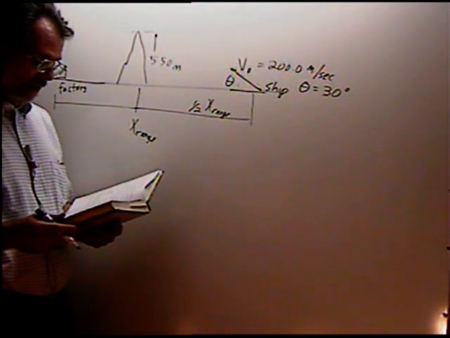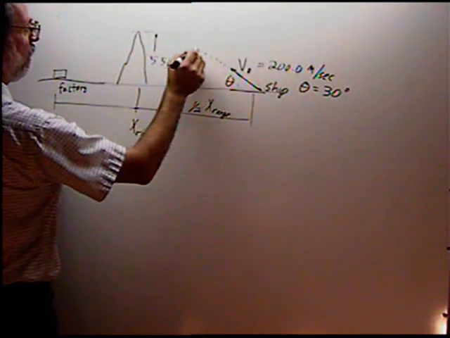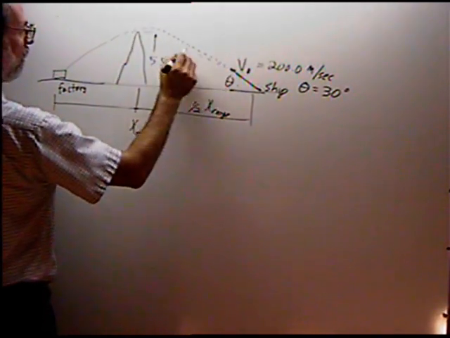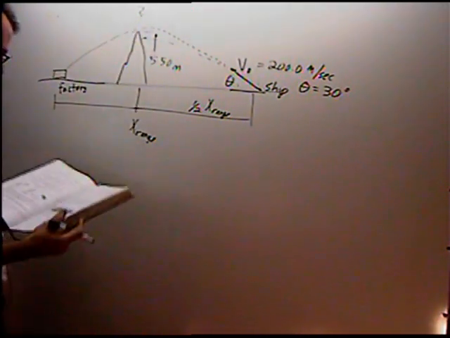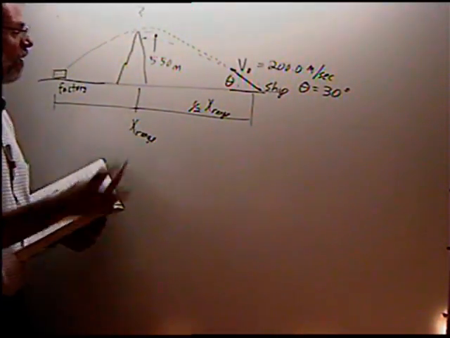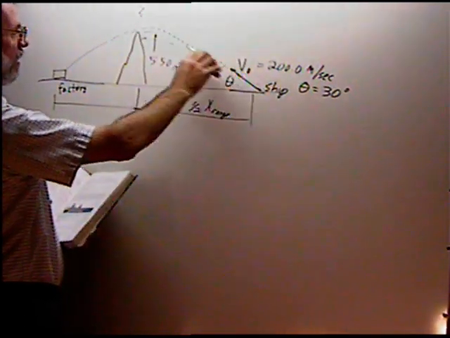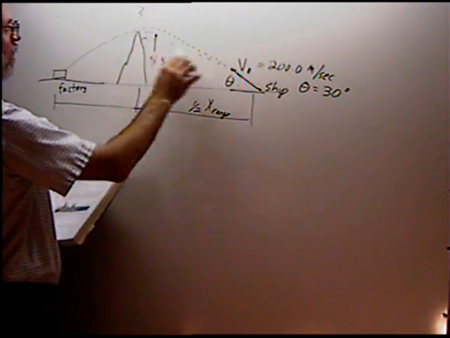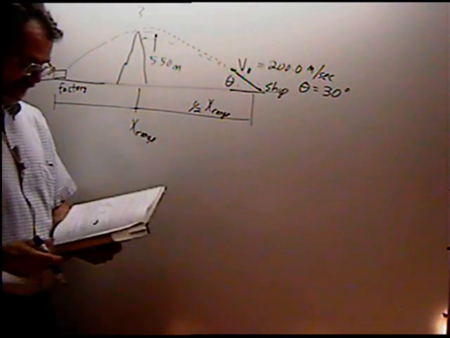Determine if, when he shoots it, it will clear the mountain, or will it hit the mountain? Essentially the question is, will the cannon clear the mountain and hit the factory, or will it hit the mountain and the factory is safe?